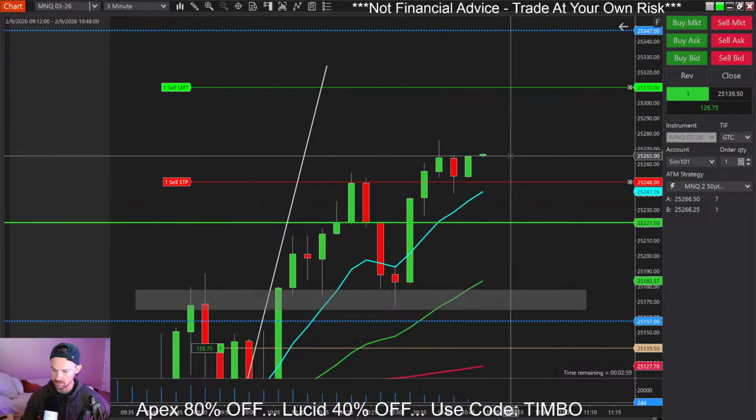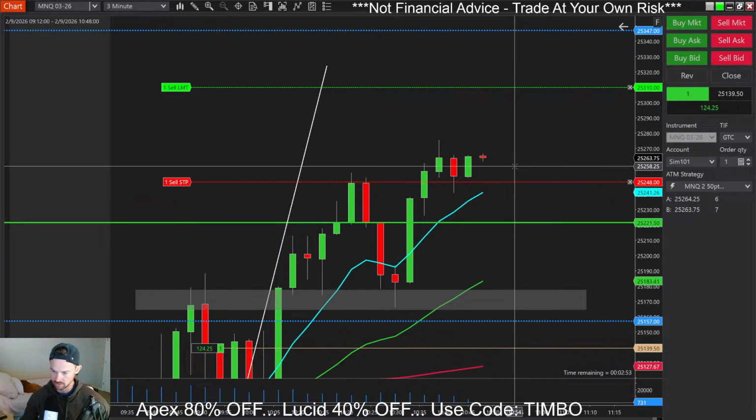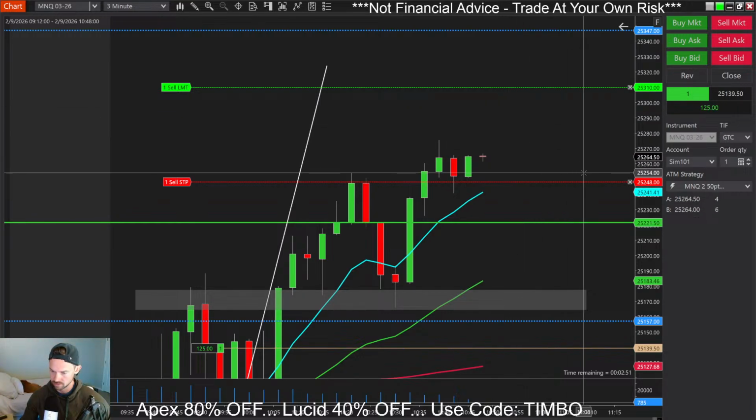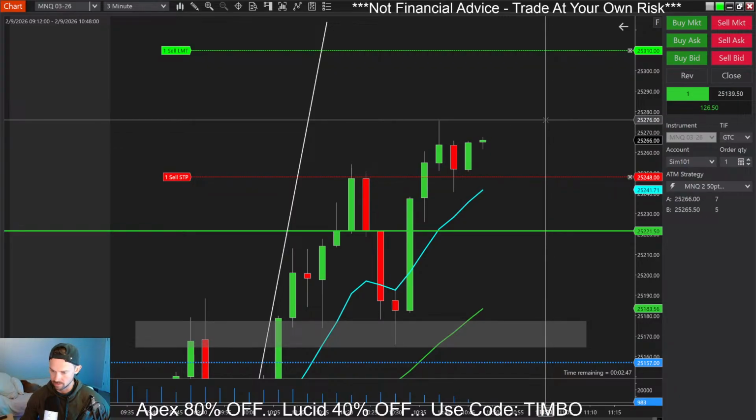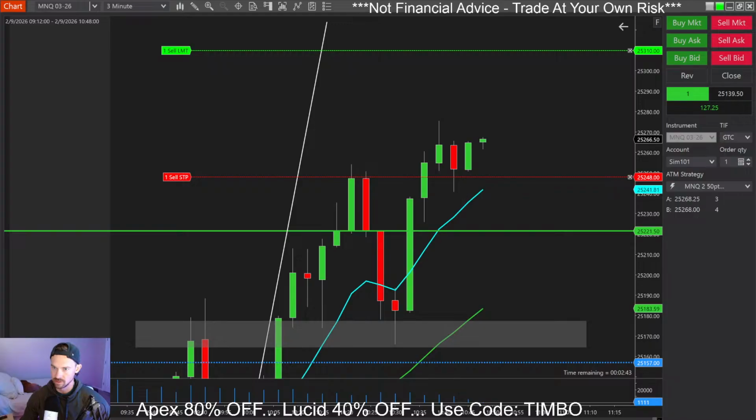All right, new candles on the 3, the 5, and the 15. Maybe we'll get a little wick down and push. Make that new high here. ES still a little bit underneath that overnight high. Looking like it wants to push it right now.